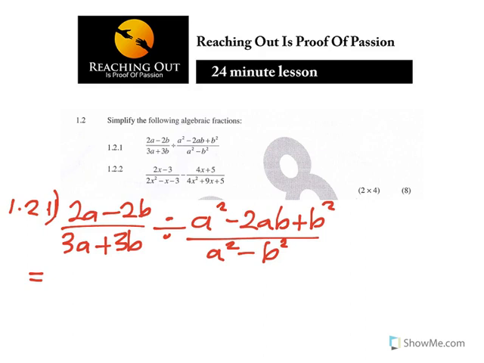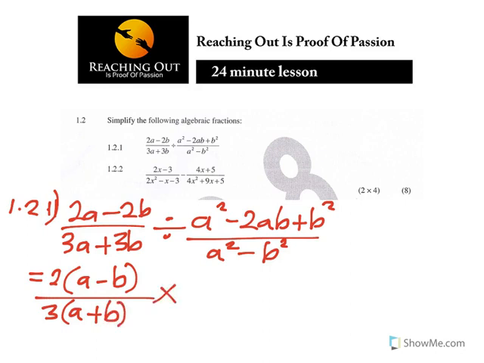2 is common. I'll take out the 2, (a minus b). At the bottom, 3 is common. I'm taking out the 3, (a plus b). Now, when I change to times, the top will go to the bottom and the bottom will go to the top. In other words, you interchange the numerator and the denominator. But you can also see that this particular denominator is a difference of two squares.